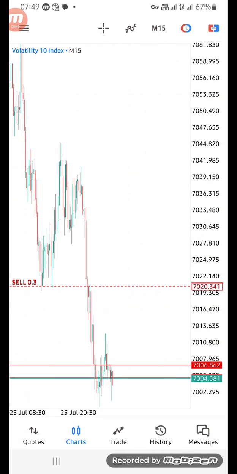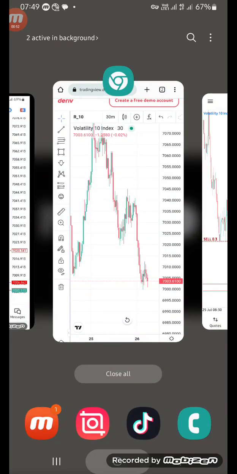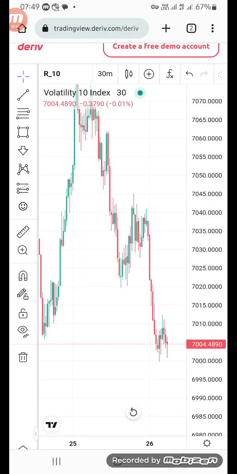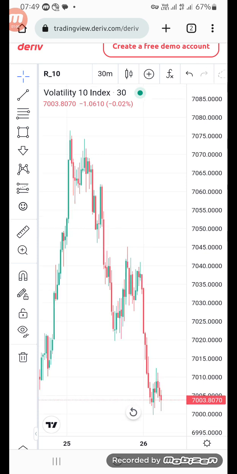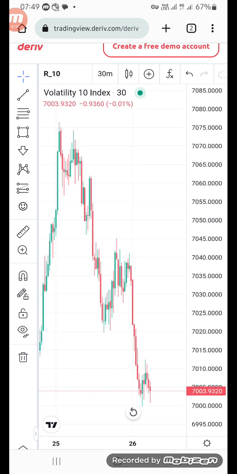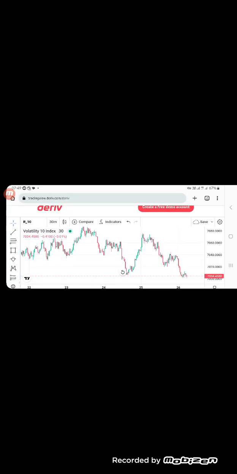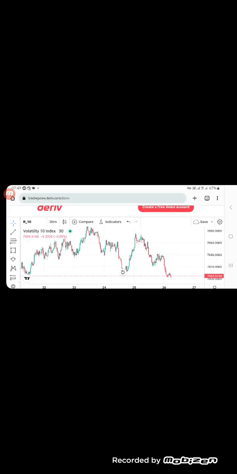So what I do is I came here to tradingview.deriv.com. I'll leave a link under my description. And what I did was, so I come here where it's written out of 10. Then it will show me different markets.